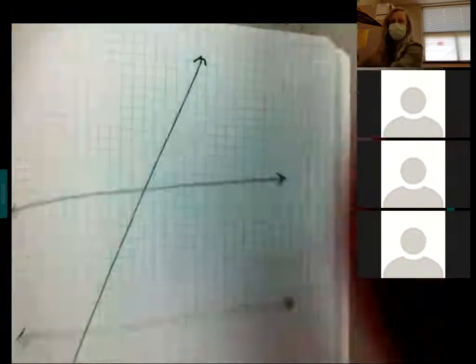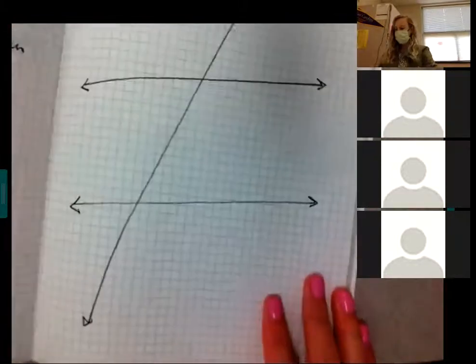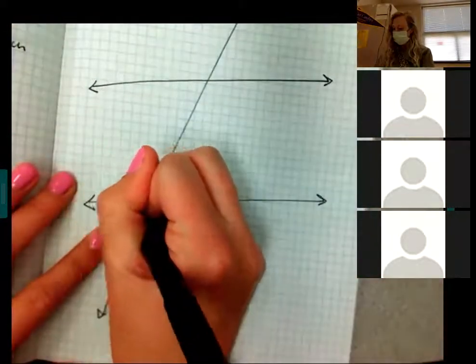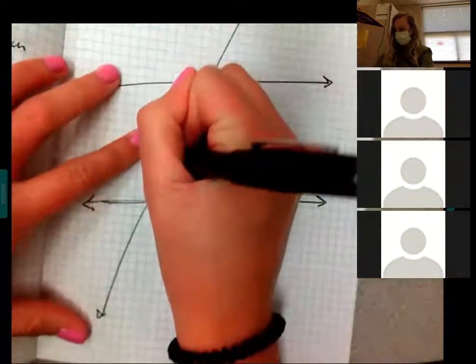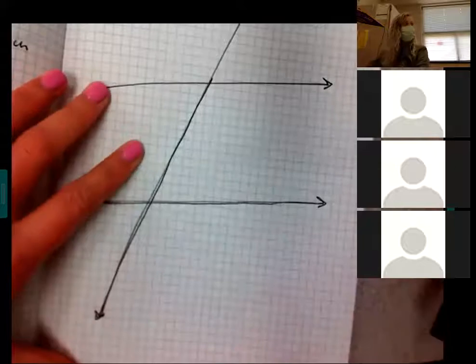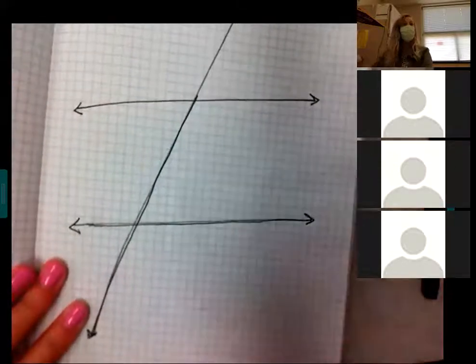Nice and big, take up a whole page. It doesn't have to look exactly like mine, but kind of make it look as best you can, okay? Yeah, a whole page.